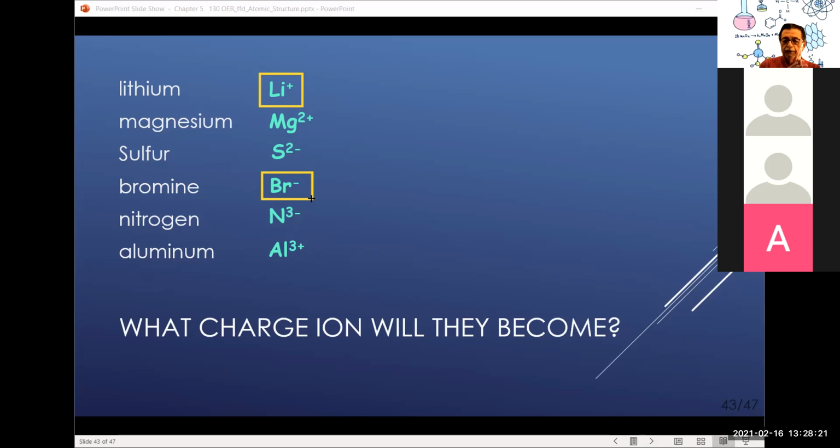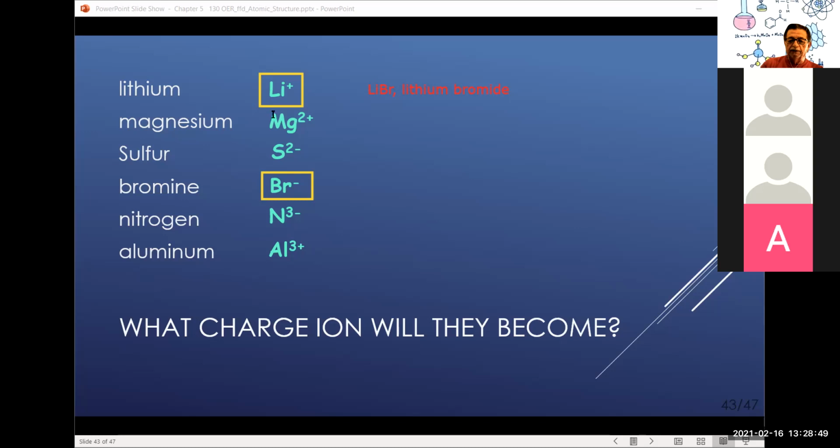So I got one lithium, one bromide. Guess what its formula is? I can simply write LiBr. And its name is lithium bromide. You just made a compound. Lithium bromide.